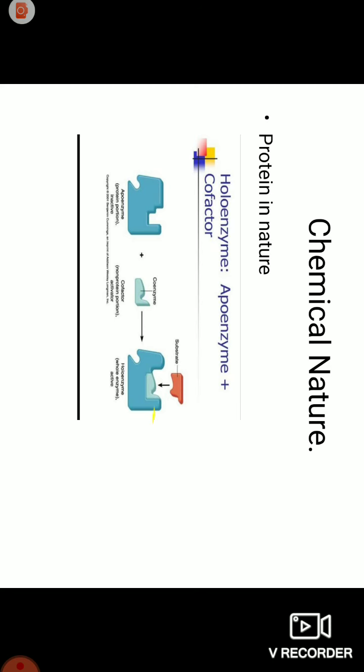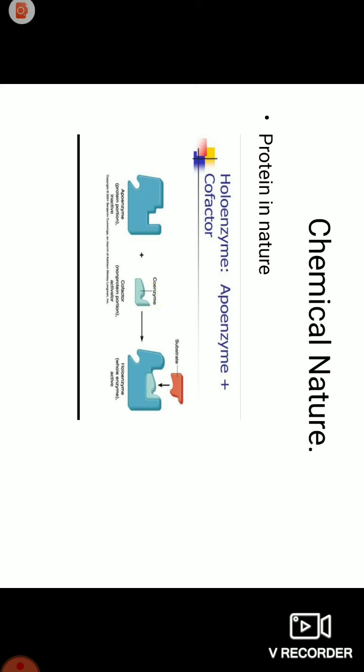So they form the holoenzyme. So the holoenzyme is the active enzyme, or it is the enzyme which will have its full catalytic activity. So holoenzyme is composed of apoenzyme and cofactor.